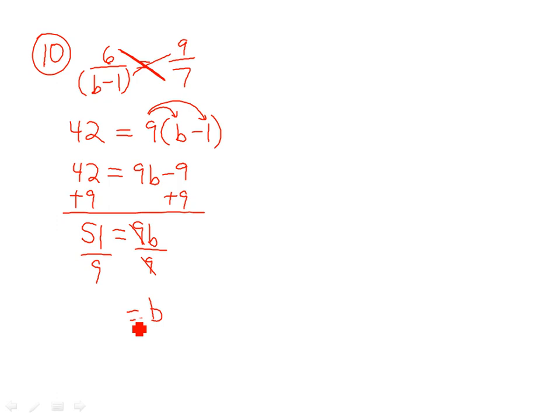Anybody know what 0.6 repeating is? 2/3. 0.3 repeating is 1/3. So when you see that, instead of writing 5.6 with the bar above it or any of that other stuff, you should know to write 5 and 2/3. All right?